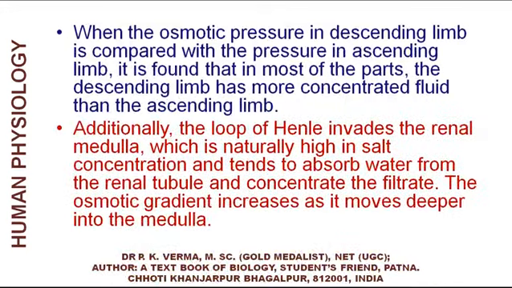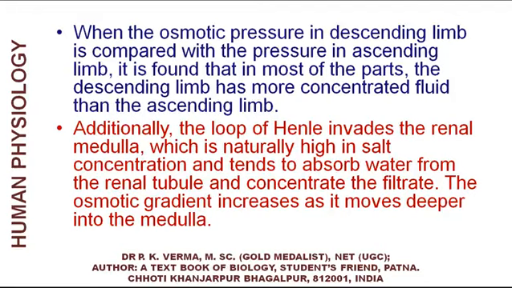In the previous diagram, it was shown that the difference between osmotic pressures may be 50 milliosmol to 200 milliosmol. Additionally, the loop of Henle invades the renal medulla, which is naturally high in salt concentration and tends to absorb water from the renal tubule and concentrate the filtrate.